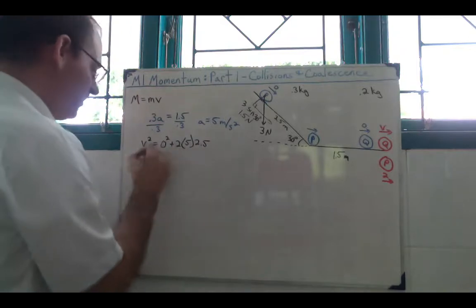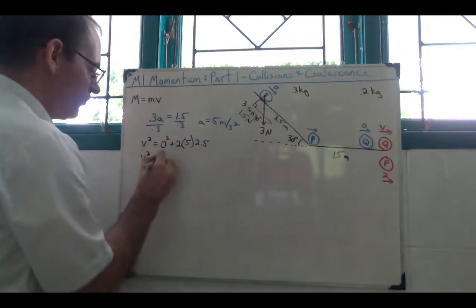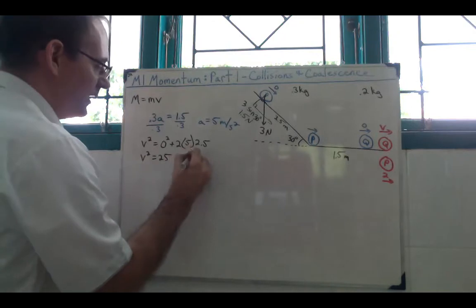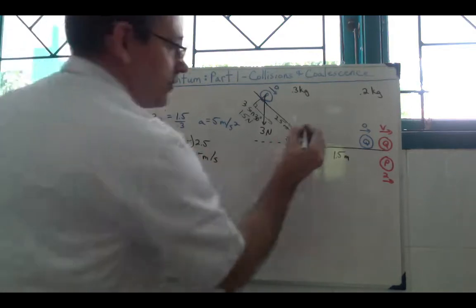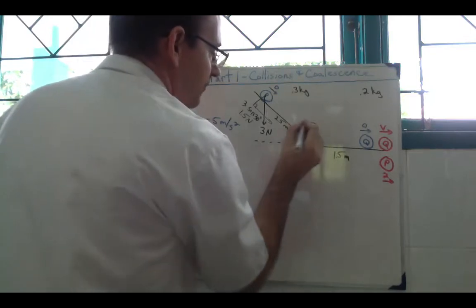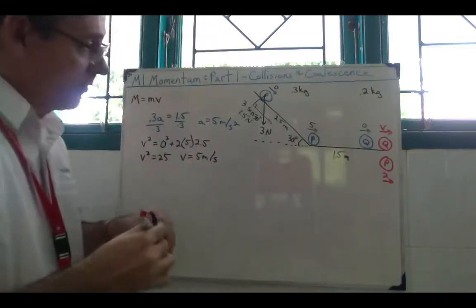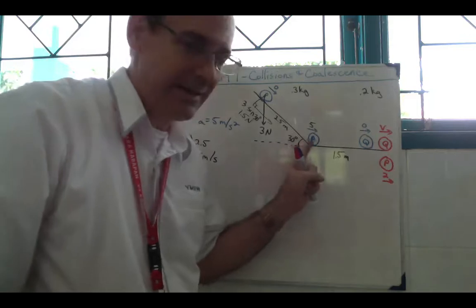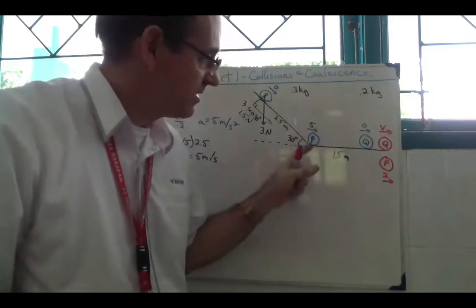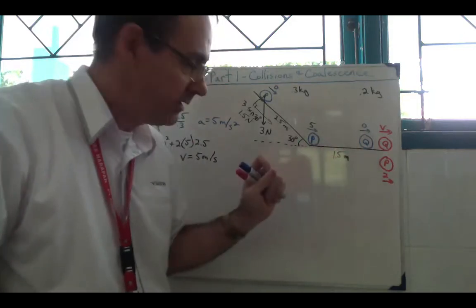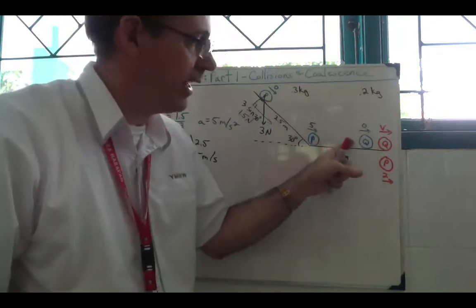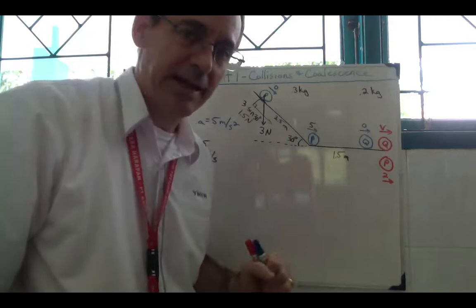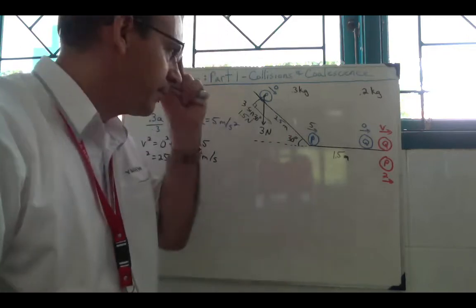So this gives us v squared equals 25, so our velocity is 5 meters per second. Now this is going to continue because this is a smooth plane. It's going to continue at this speed all the way until it collides with particle Q.